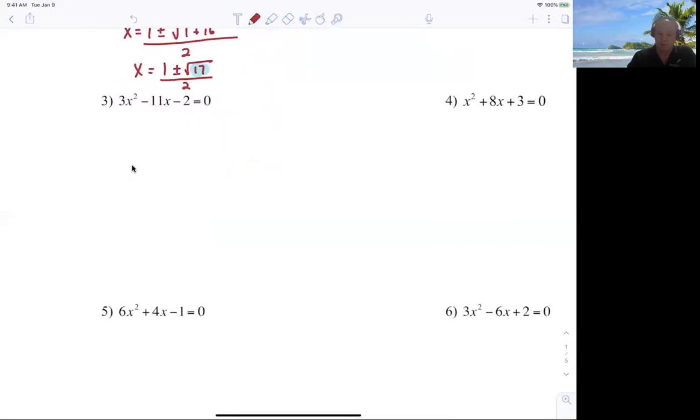Again, the first thing: a equals 3, b equals -11, c equals -2.